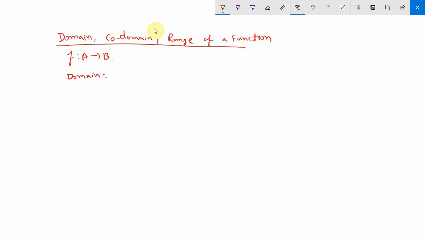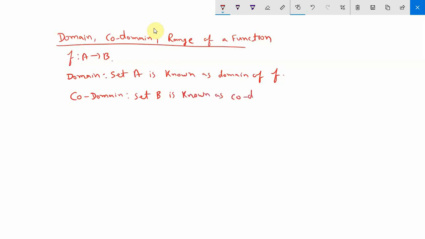Set A is known as the domain of function F. Set B is known as the codomain of F.